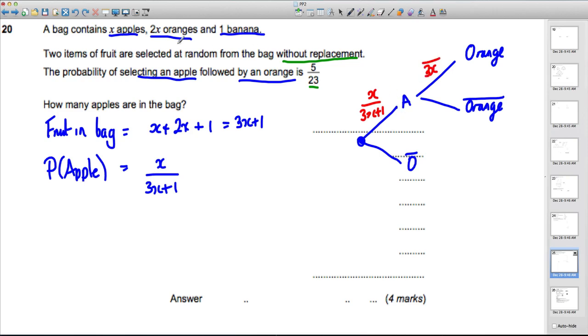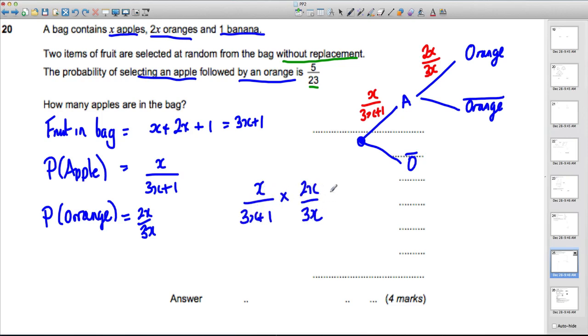items of fruit. How many oranges are there? The oranges haven't changed, there are 2x. So the probability of orange, second time, is 2x over 3x. So to get them both, you times them. So therefore, x over 3x plus 1 multiplied by 2x over 3x must equal 5/23.